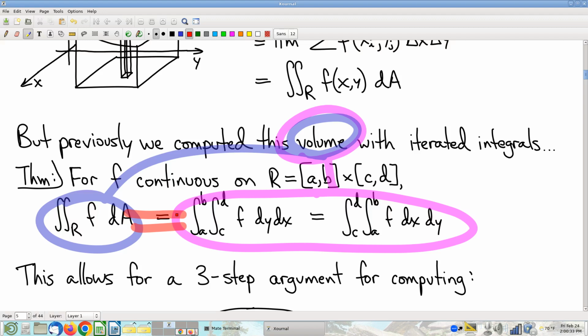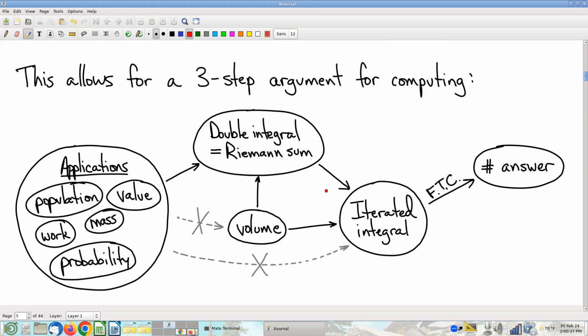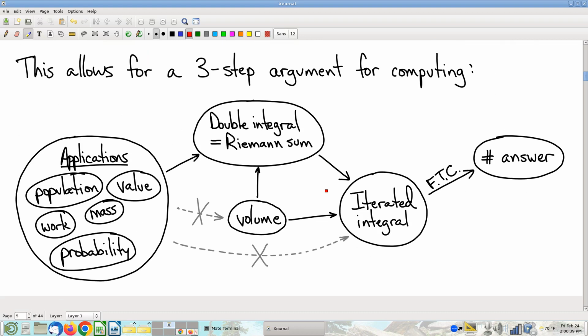Okay, so now I want to pause and take stock of, we've got various different constructions, we've got various different connections between them. I want to bring it all together, here's a little roadmap, as it were, of concepts that we've talked about. The very first thing that we did is we said, hey, let's compute volume. We did so by inadvertently creating this construction called an iterated integral, and we found that we can compute iterated integrals with the fundamental theorem of calculus.